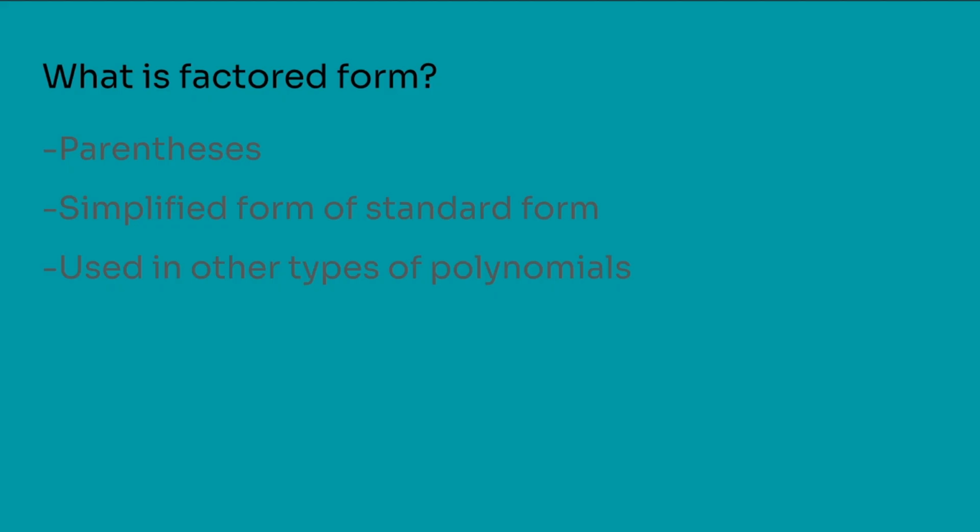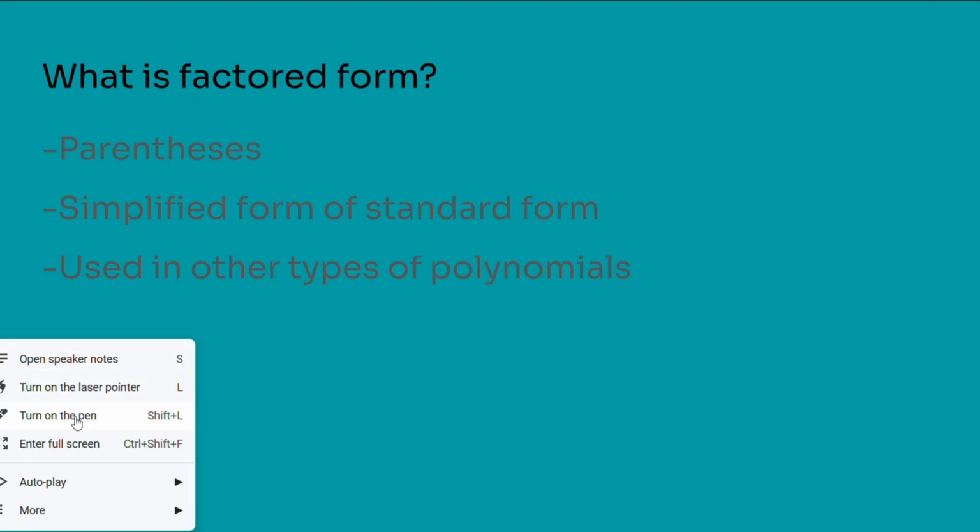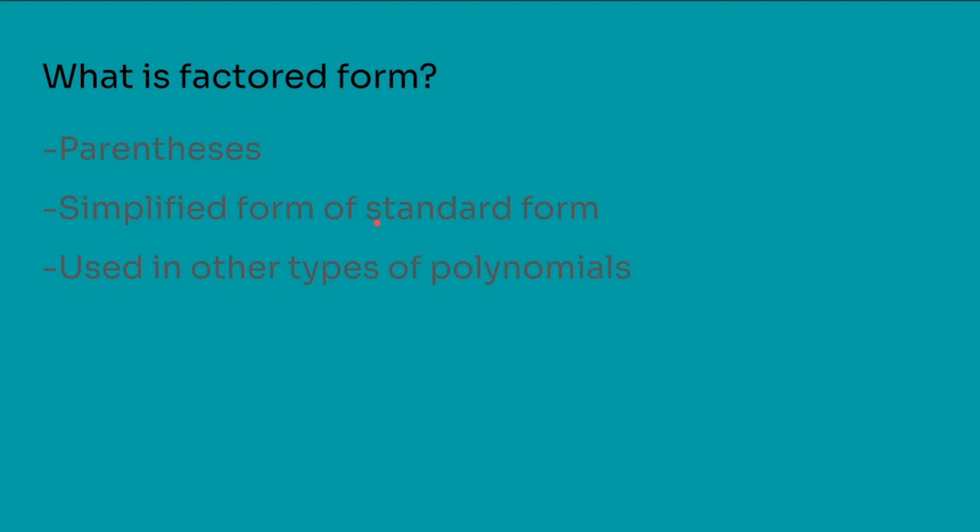Factored form is another way of writing standard form, and it is used in other types of polynomials, but the term polynomial we can define later in another video. If I were to give you the equation ax squared plus bx plus c, you would say, okay, this is the standard form.